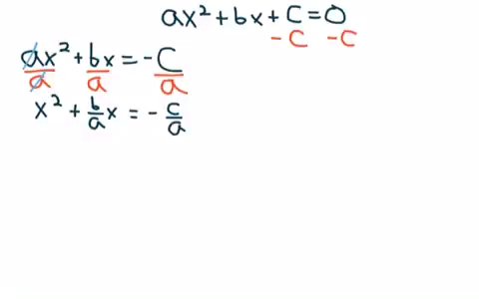Now let me ask you, is this expression ready for us to complete the square? Absolutely it is. We can complete the square now using the exact same technique that we've been studying for the past week and a half. So we have x squared plus b over a times x, and I'm going to leave a gap there, is equal to negative c over a.